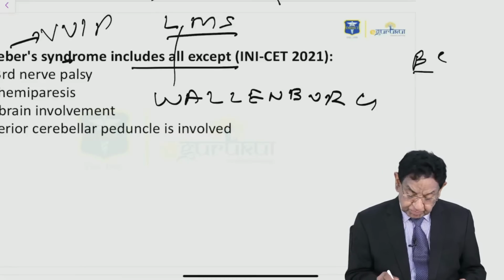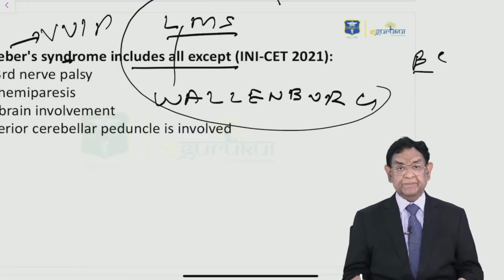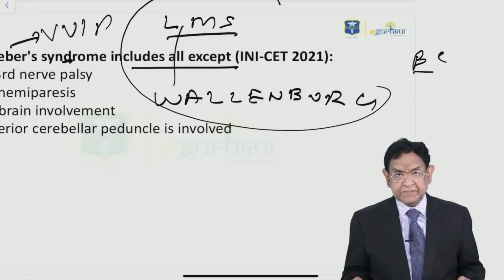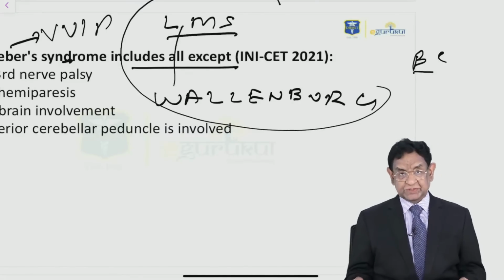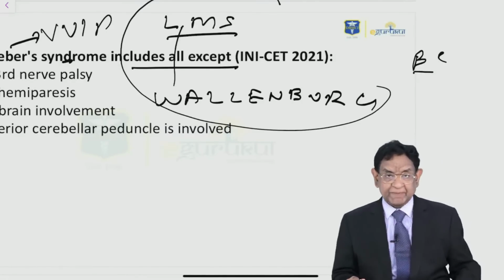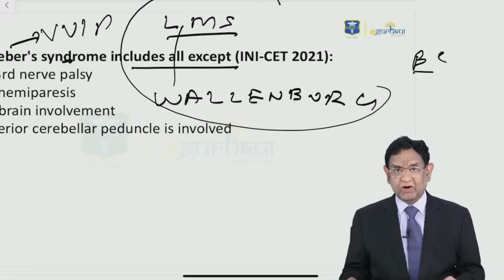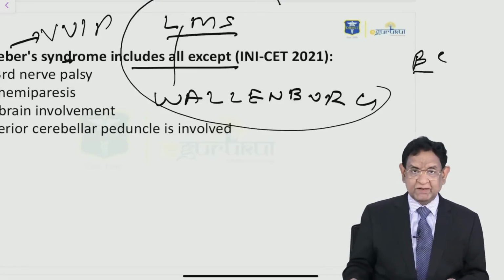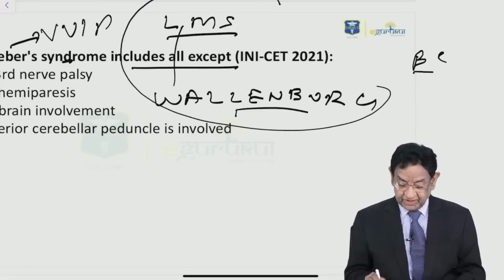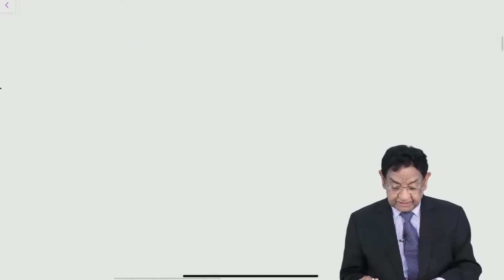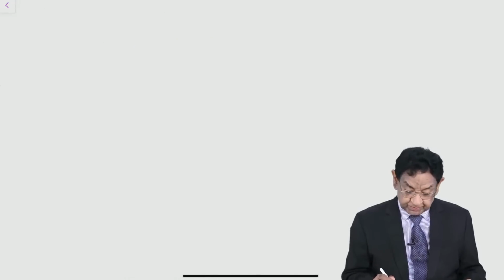In fact, this is the most important. There is a 90% chance that you will get this question. So remember, I am leaking the paper to you, but in a very honest way. This is a very, very important question. So let me discuss Wallenberg syndrome and Weber syndrome.